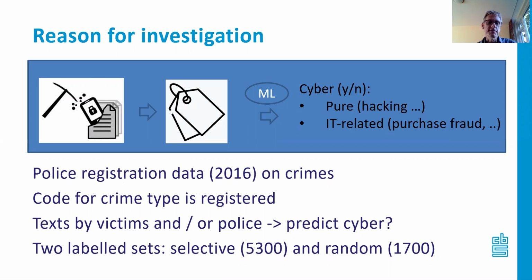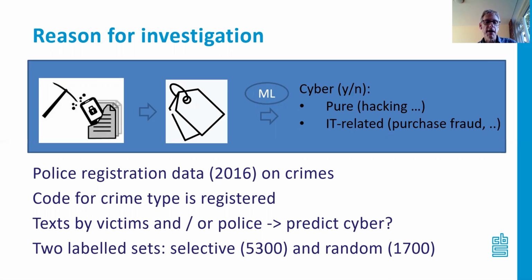Statistics Netherlands has received police registration data of 2016, and these are data on incidents in society. Victims of an incident or of a crime can go to the police station and tell them the story, what happened to them. And this story is then entered into the police registration.